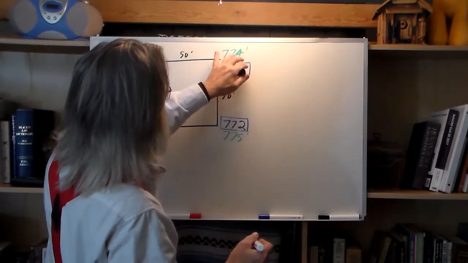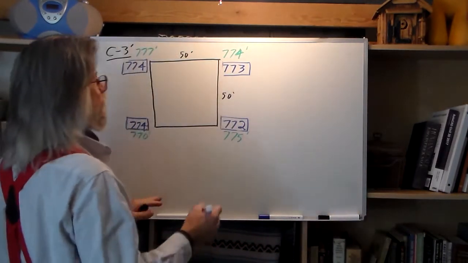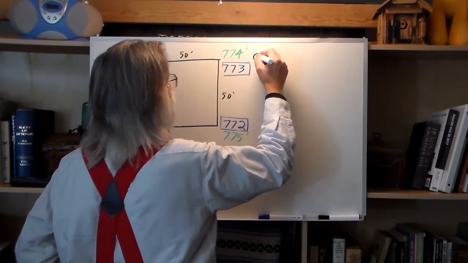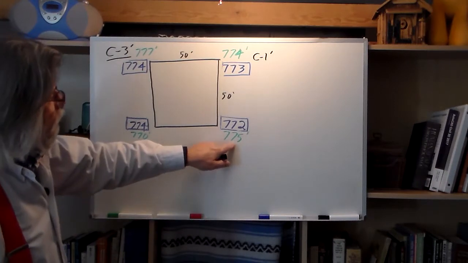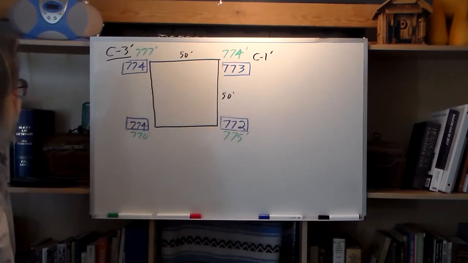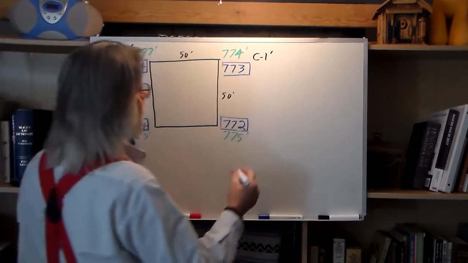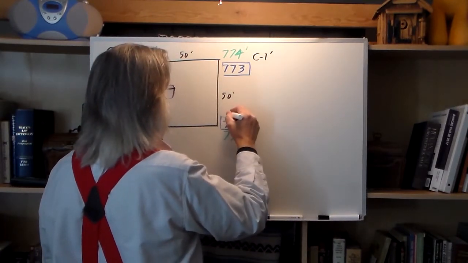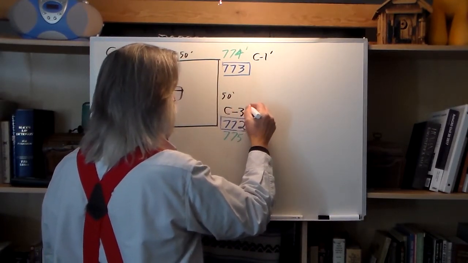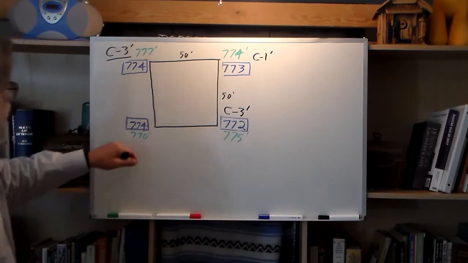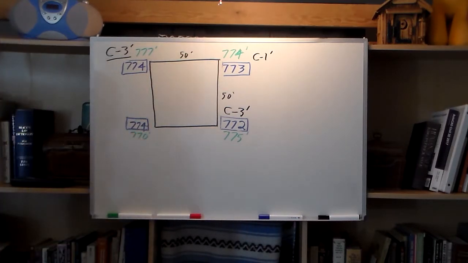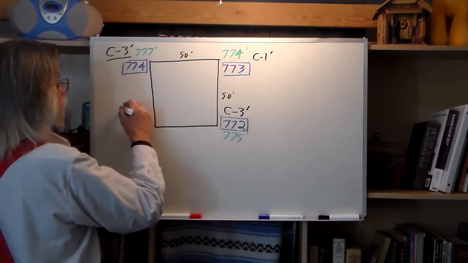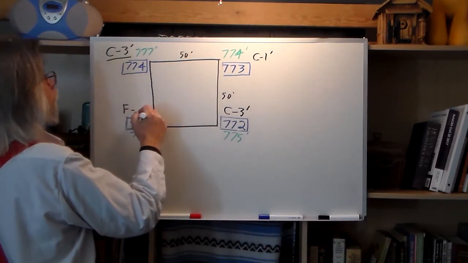Here we start off at 774. We go to 773. That is a cut of 1 foot. Here we start off at 775 and we go to 772. That's also a cut of 3 feet. But here we start off at 770. We're up at 774. That is a fill of 4 feet.